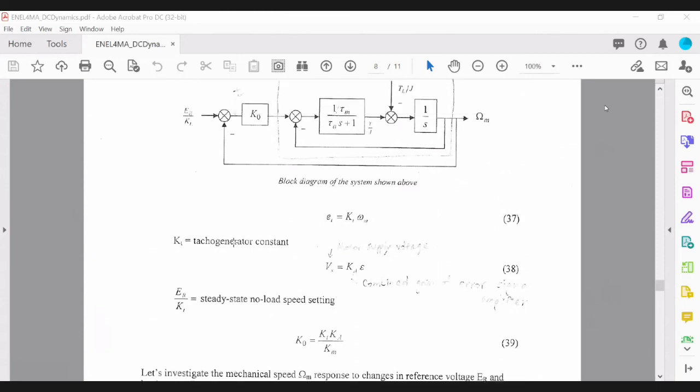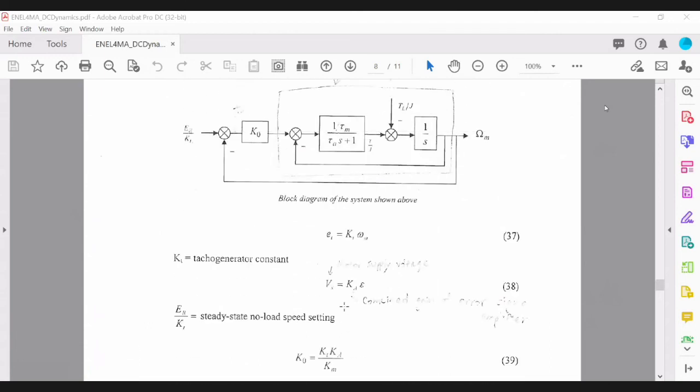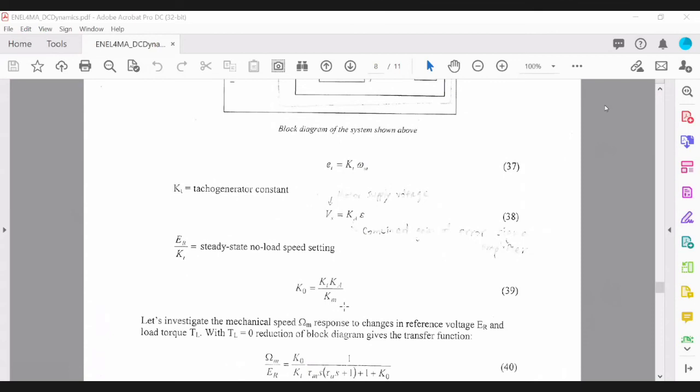right? So this constant K naught here is comprised of three parameters. One is the tacho constant, one is Ka, which is the combined gain of the error signal amplifier, and then you have Km, which is coming from your motor constant. So you will see that this gain K naught will enable you to control the speed of the motor.